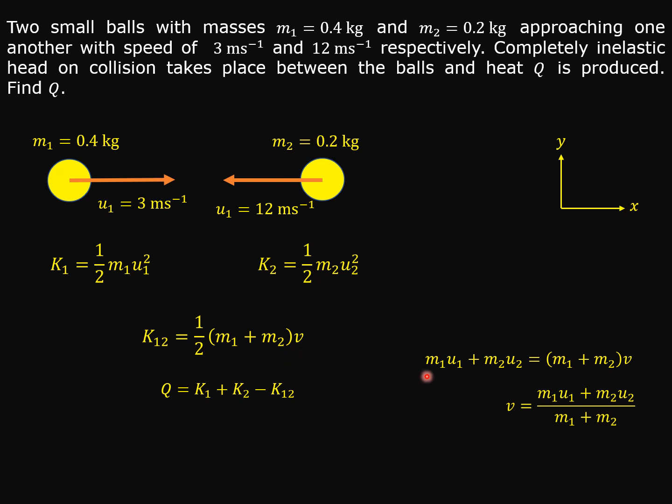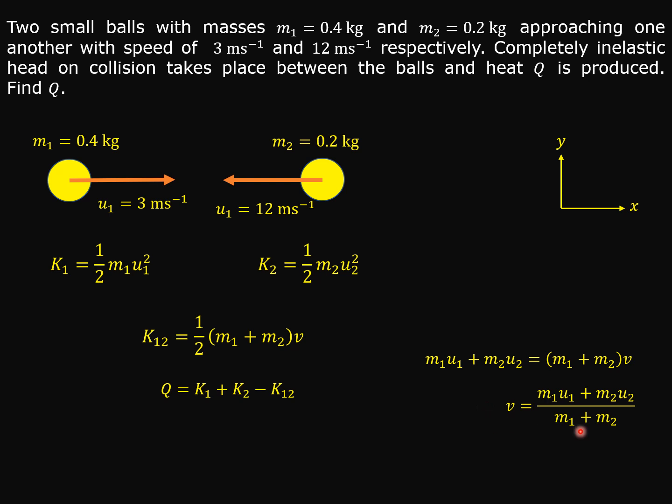To find that, we need to apply the principle of conservation of momentum. This is the conservation of momentum equation: m1 u1 plus m2 u2 equal to (m1 plus m2) V, where V is the common velocity after the collision.